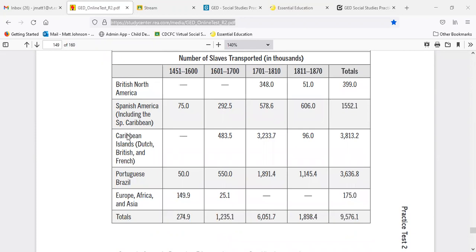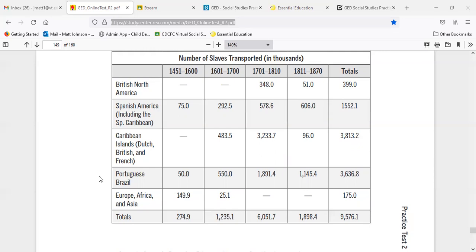So in the Atlantic, the Caribbean islands, which are Dutch and British and French colonies, Portuguese Brazil. So the portion of Brazil that was colonized by Portugal, the number of slaves transported to Europe, Africa, and Asia. And then we have totals for each. Okay.